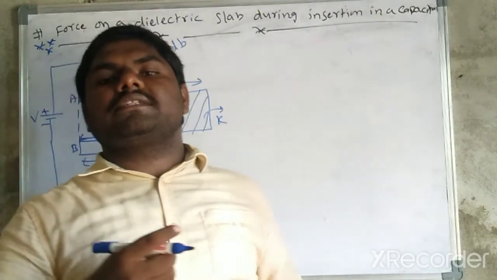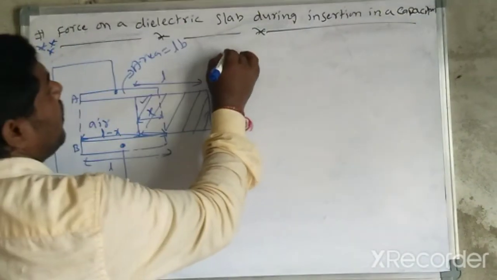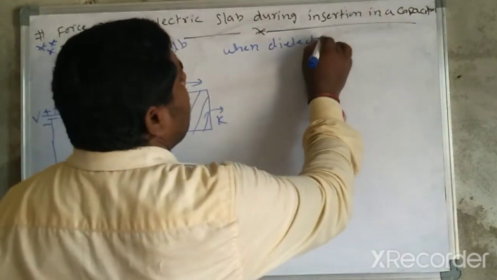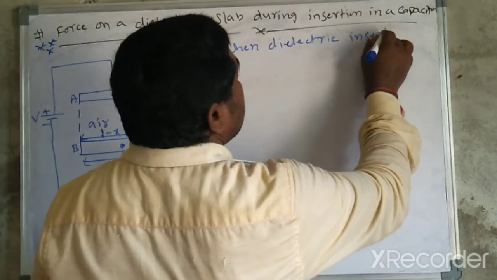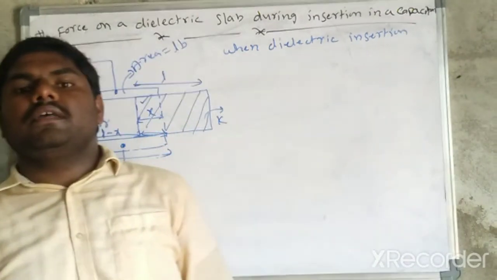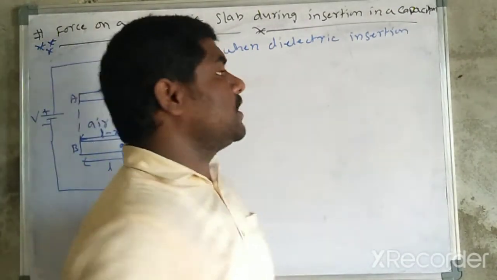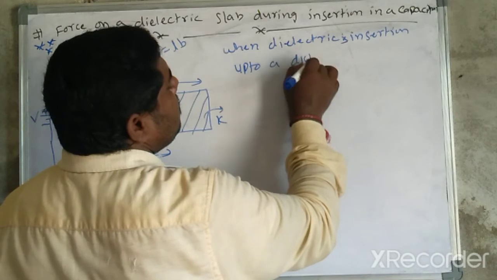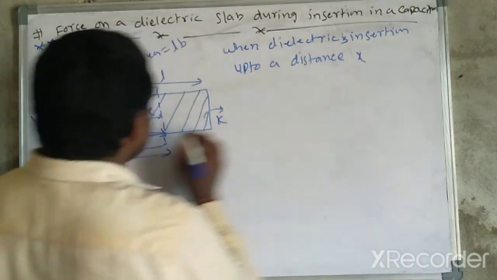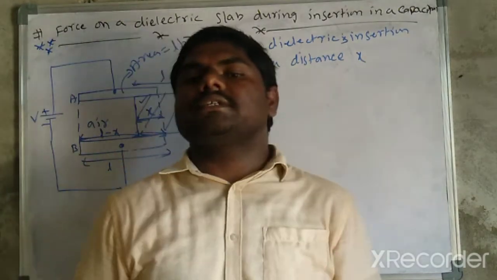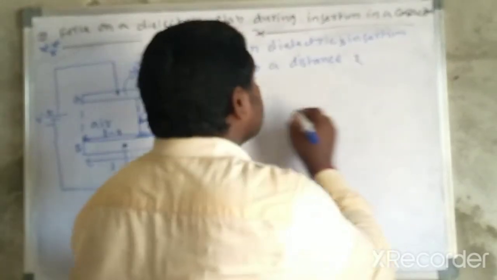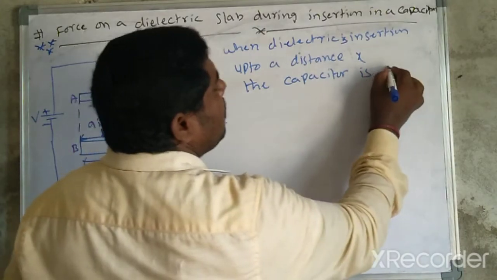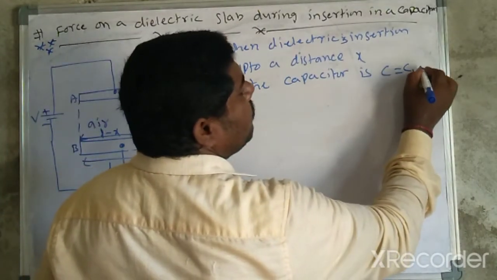When the dielectric is inserted up to a distance x, the capacitance is C equivalent equal to C1 plus C2.